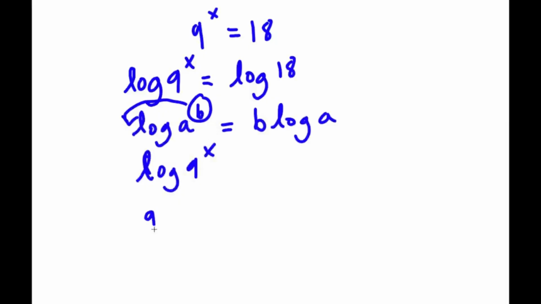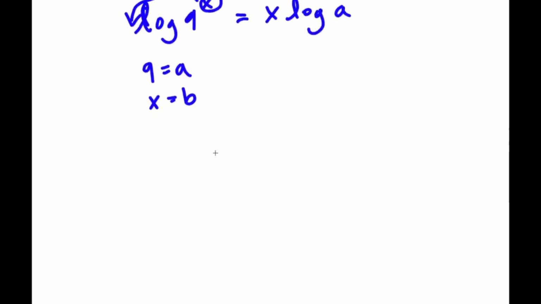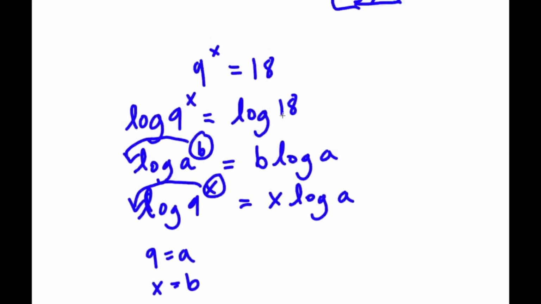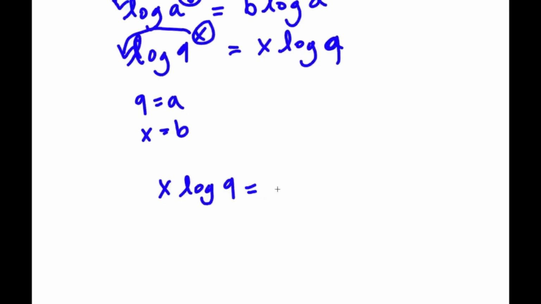So we can think of 9 as a and x as b. So I'm going to move our x here to the front of the logarithm. So I have x times log 9 is equal to log 18.